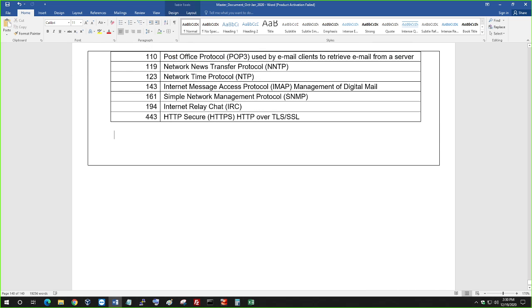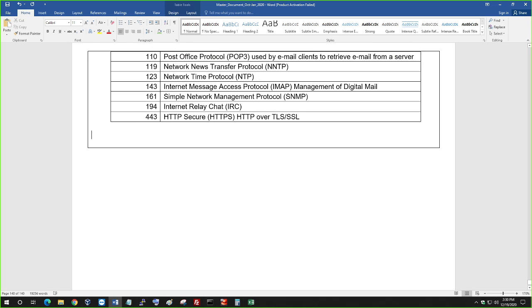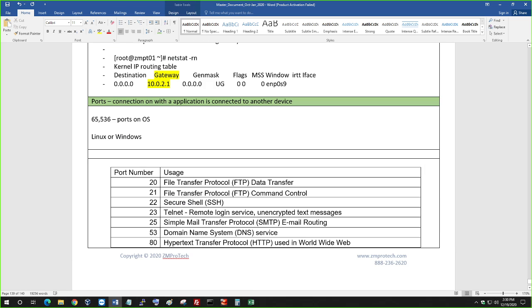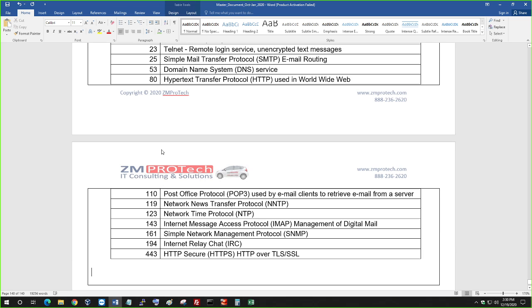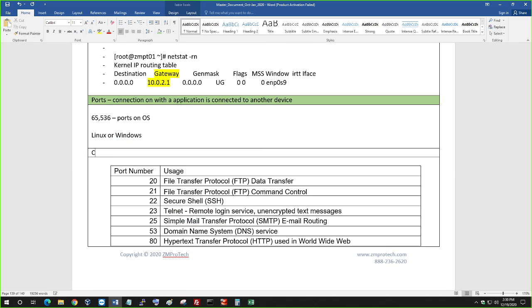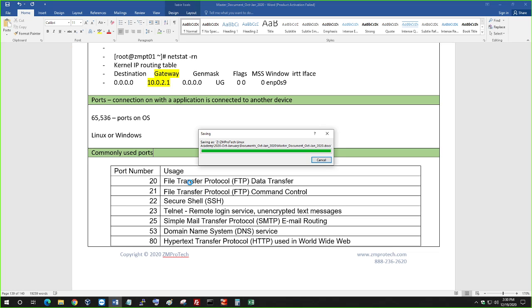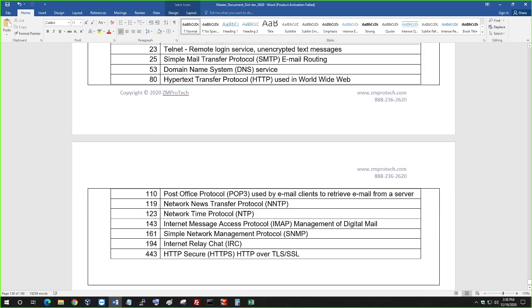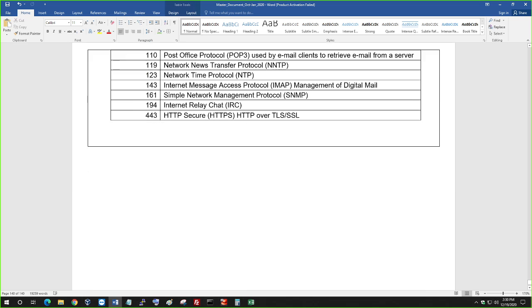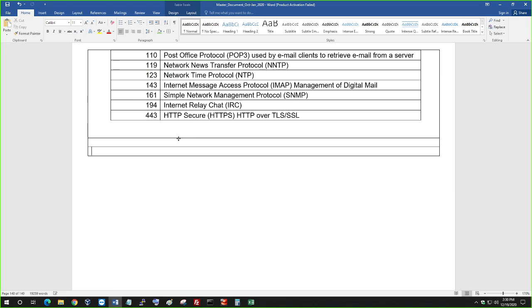So now let's move beyond this. Let's understand the commonly used ports. Okay, so here's the other thing.